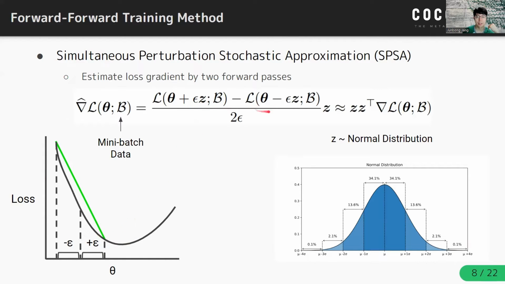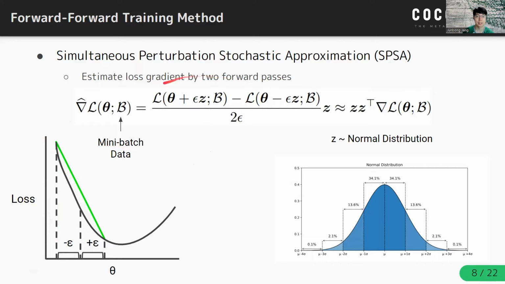If you look at these 2 loss functions and visualize them, it can be visualized as the gradient along the loss curve here. So 2 epsilon will be here, and L of theta plus epsilon z minus L of theta minus epsilon z can be shown as the y-axis here.